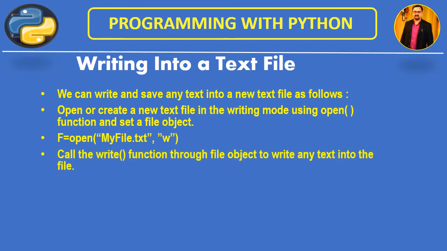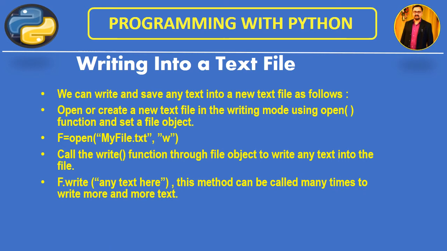Now after opening the file, we can write the data into the file using the write function. This write method will allow you to write text into the file, and you can call this method as follows. Here you can see the file object f.write, and any text you can write here, and this method can be called many times to write more and more lines.